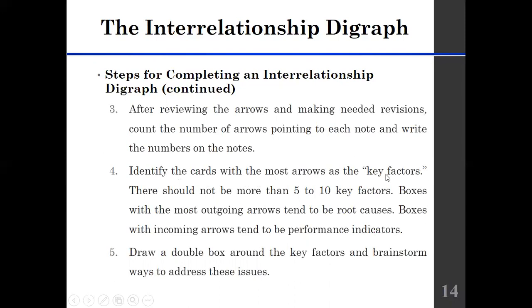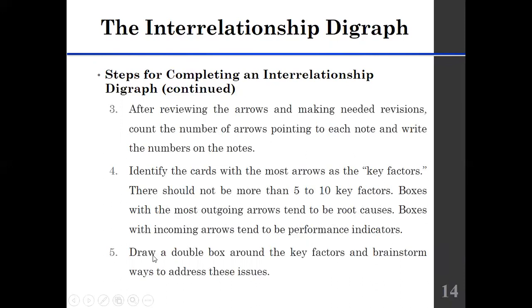So those cards that are receiving more arrows from other cards are actually the key factors. That particular card that is receiving most of the arrows from other cards is a key factor and the prominent factor. There should not be more than 5 to 10 key factors. Boxes with the most outgoing arrows tend to be the root causes. Boxes with incoming arrows are the performance indicators.